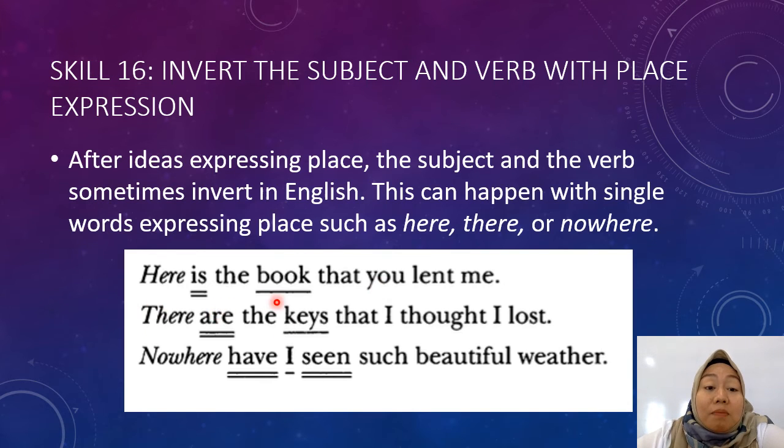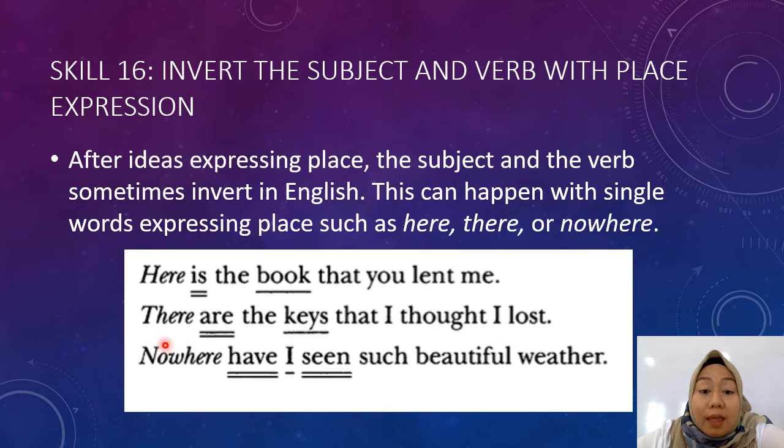Here is the book that you lent me. See, we have here and then followed by the verb is and then followed by the subject. Because the subject is singular, the verb used is also the verb for singular. Let's take a look at the second one. There are the keys that I thought I lost.